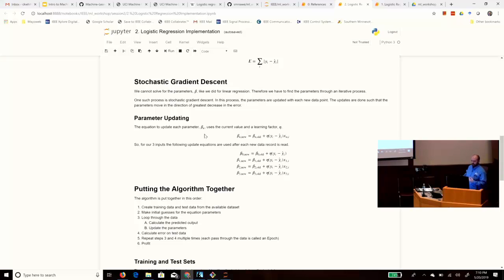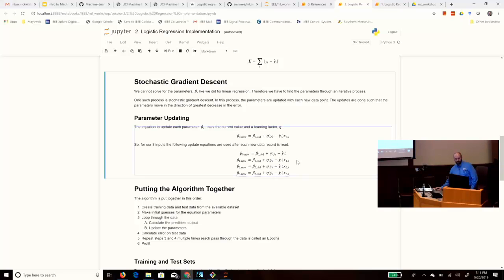And then up here is how we're going to do it. We're going to calculate a new value for the parameter based on the old value, and then we're going to take whether or not our prediction was right or wrong. So we're going to subtract the actual and the predicted output. We're going to multiply by a learning factor, which is just a number we pick to try to improve our descent to the right values, and then multiply by the input that we're trying to solve for.